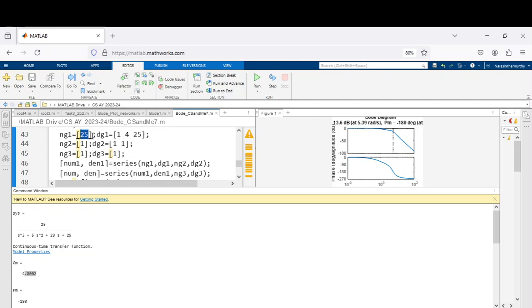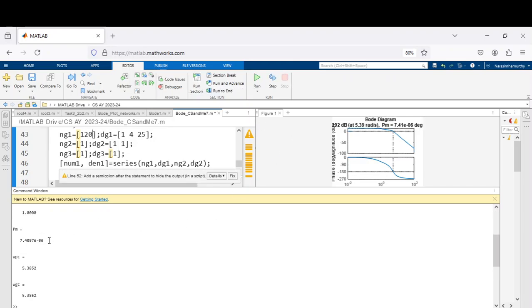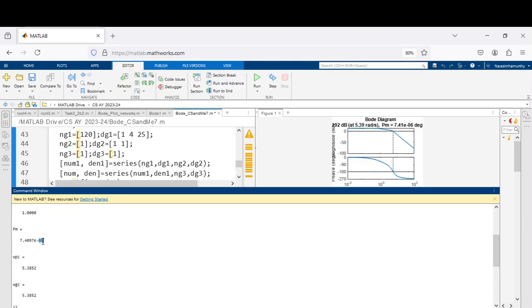If I make it 120 here, you can surprisingly see the phase margin and gain margin will be 0. See now, this is almost 0 degree. This is e power minus 6. Can you see, gain margin 1 means it is 0 dB.